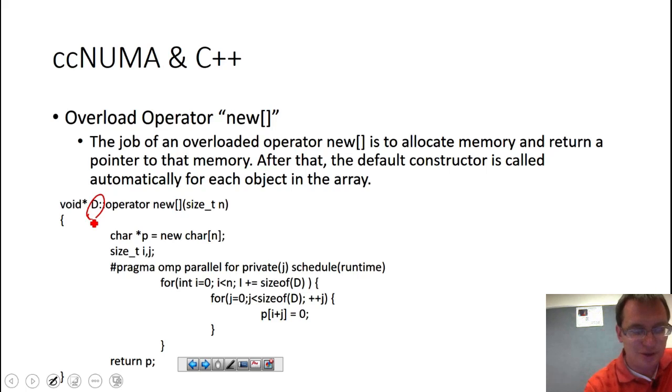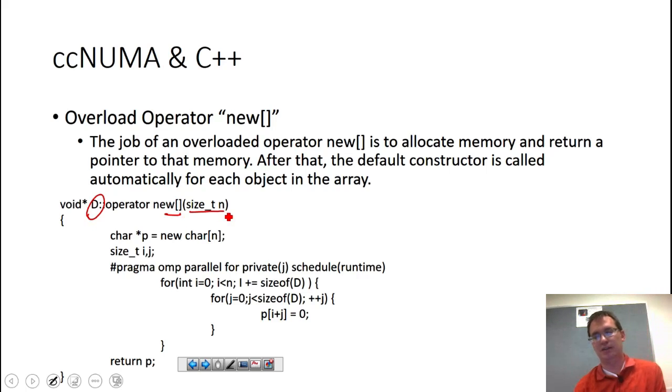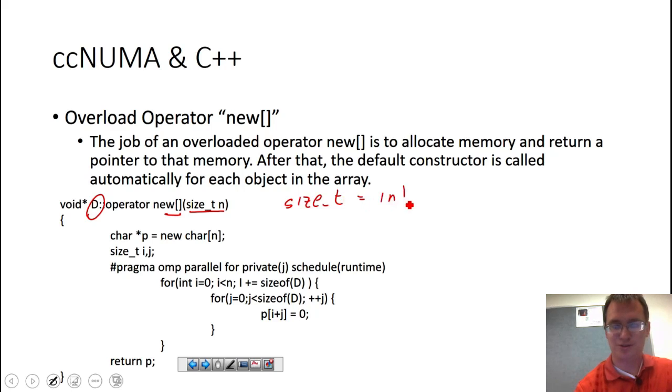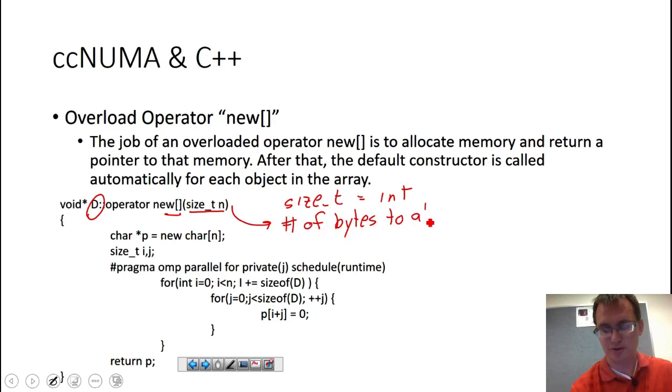But the new, especially the array operator here, takes in a size_t parameter. Now, before you go off your rocker, just think of size_t as being an integer. Okay, don't worry about it. It's just what it is. It's an integer, and it's an integer indicating the number of bytes to allocate.